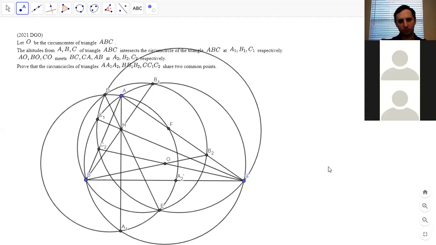But I'm trying to think like root BC inversion. Maybe we could show A2AC is similar to some other triangle.